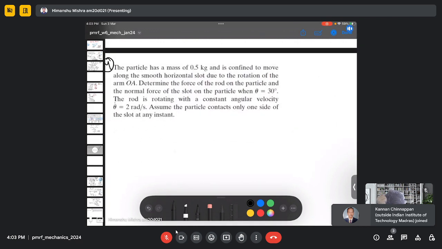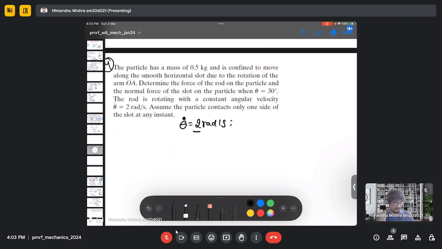So here we are given theta dot, which is 2 rad per second, which means if you take the derivative of this theta dot with respect to time, theta double dot will be 0 because theta dot is a constant.